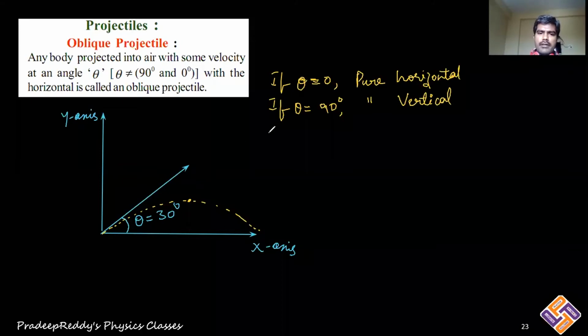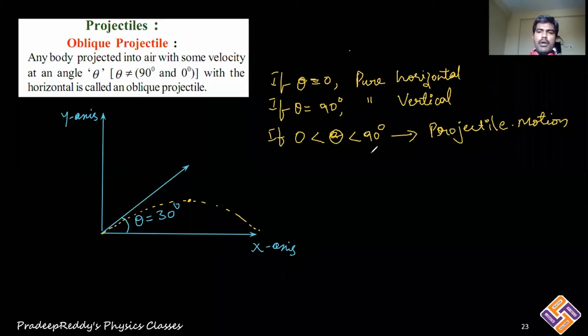Whereas if theta lies between 0 and 90, such motion is called projectile, and the motion is called projectile motion. Other than 0 and 90 degrees, if you are projecting a body making an angle in between 0 and 90, then in such case it is called projectile motion.